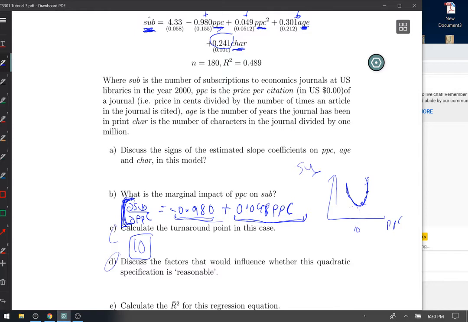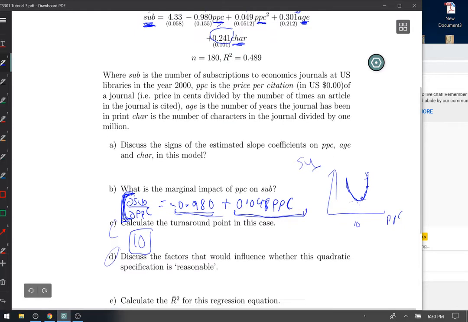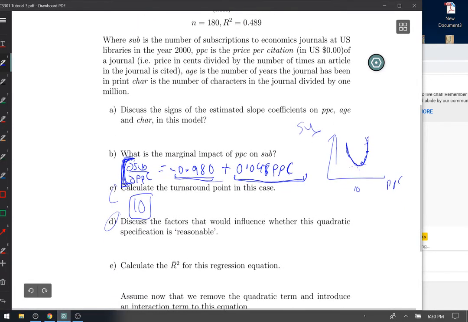On average, it'll lead to lower demand. So we should expect these to be negative. So the finding that we get a positive effect of PPC on demand is obviously not really consistent with the economic theory here.